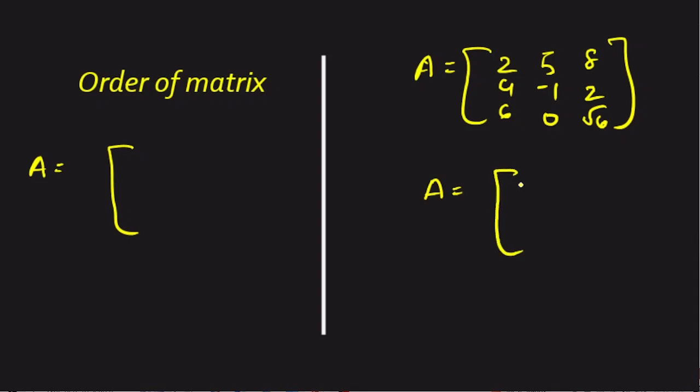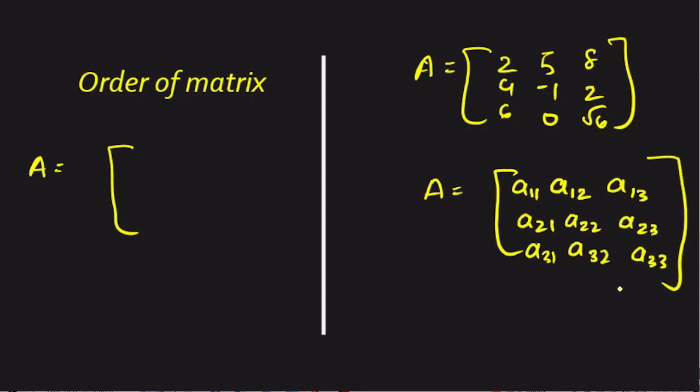First you have to write A11. This position is A11, that means first row, first column. A12, first row, second column. A13, first row, third column. A21, A22, A23. A31, A32, A33. This is how you represent the elements. So this is a matrix and these are the elements.